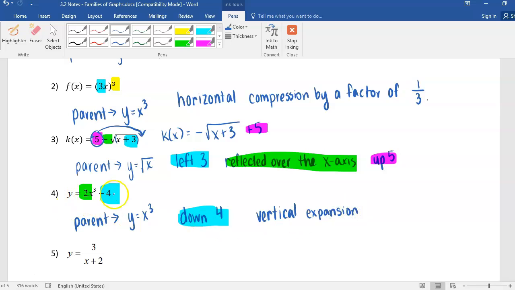For things on the outside of the parentheses, big numbers, bigger than 1, like we got here, cause expansions. They act like they should. By a factor of, what would the factor be for this, Raphael? 2. All right. So if it's a vertical expansion or compression, it's just whatever number right there. That comes from here.